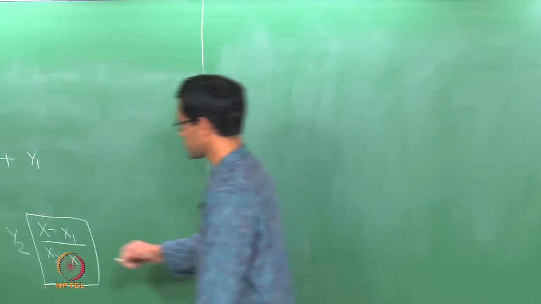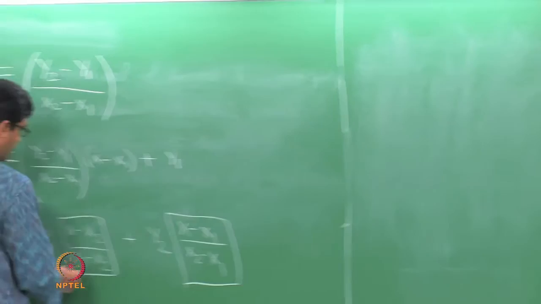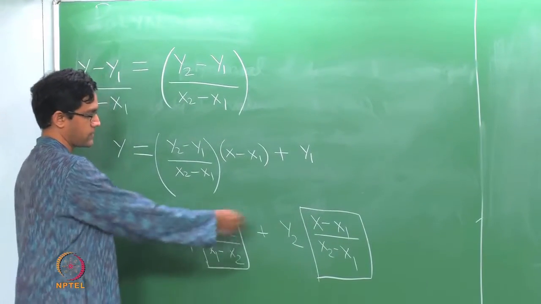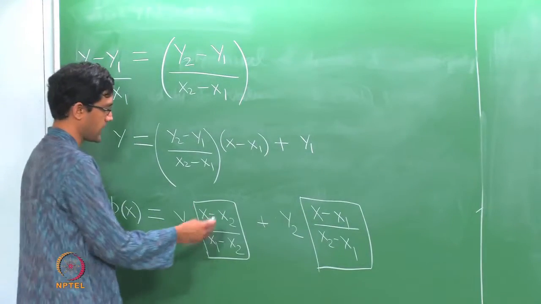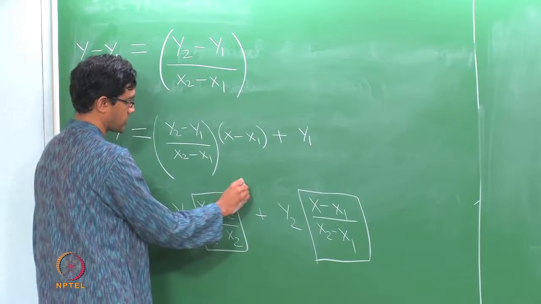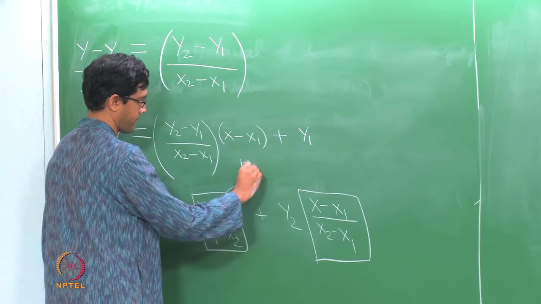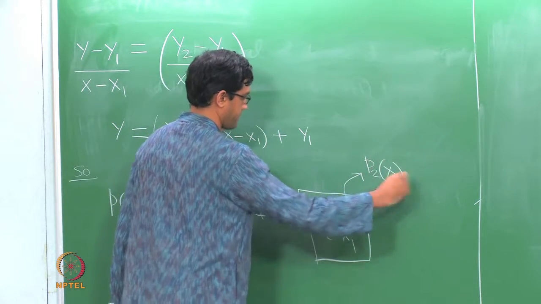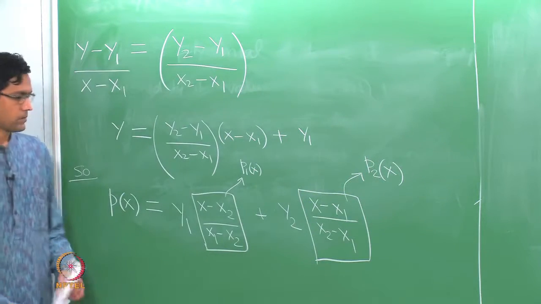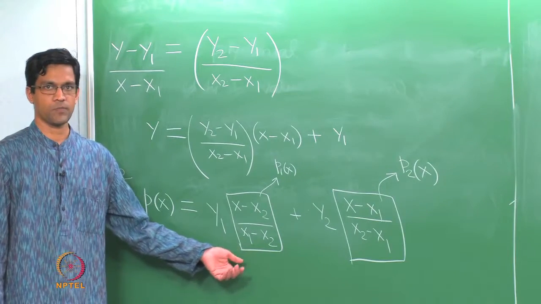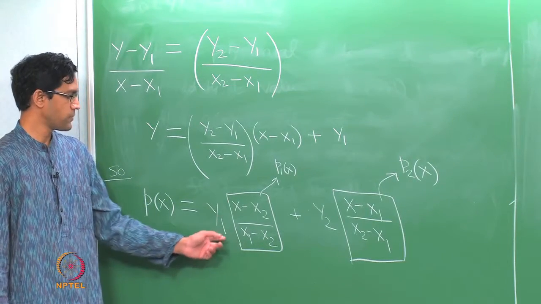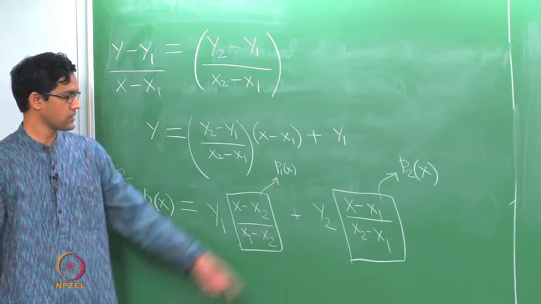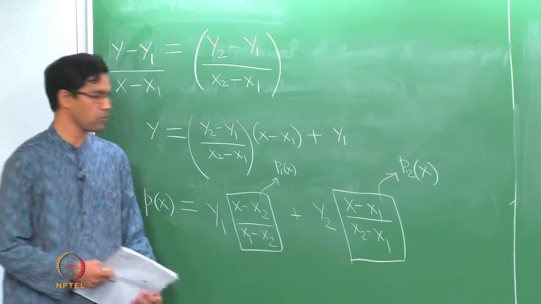Okay, so we'll soon see that in fact this has a very natural generalization. So I'm going to call these 2 polynomials something. So let's call this polynomial in the first box, which multiplies y1, p1 of x, and the thing which multiplies y2, p2 of x.